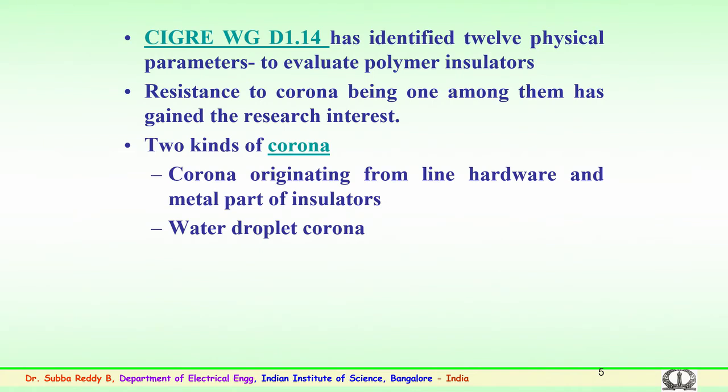The surface loses its hydrophobicity further and could degrade the insulator in the long run. So, these 2 types of corona can be simulated in the laboratory and have to be evaluated for the performance of insulators which would be put in service.